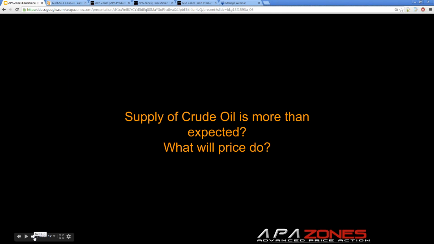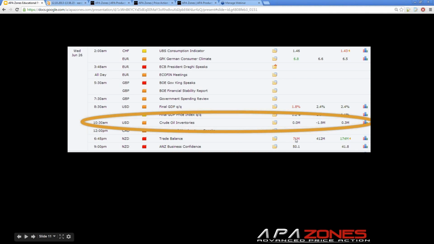Okay, so when news is released, we can a lot of times see price action do crazy things. And I'm going a little fast here, so this is crude oil inventories, just so that we can wrap it up. The actual was 0.3 mil. What was expected was a minus 1.9. What happened was actually it was unchanged.